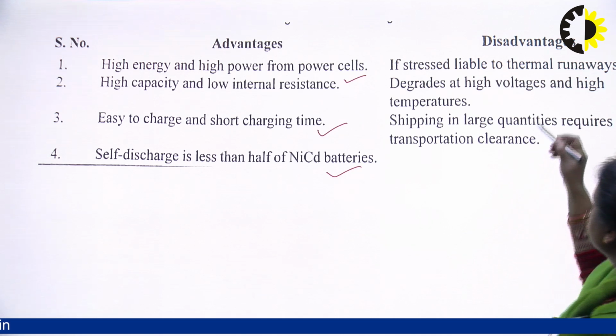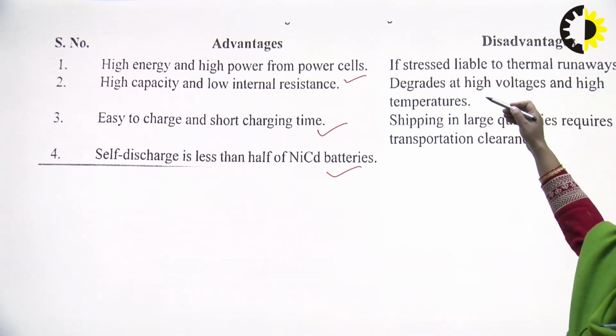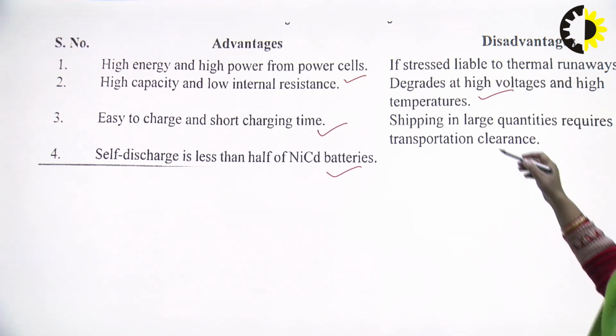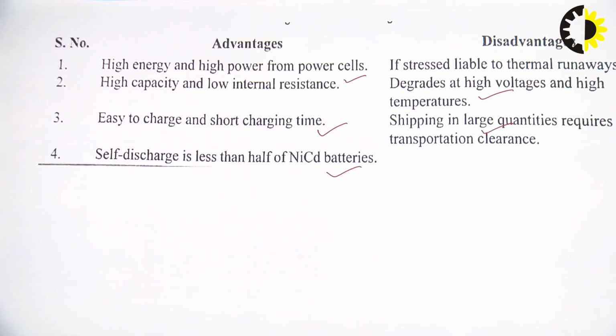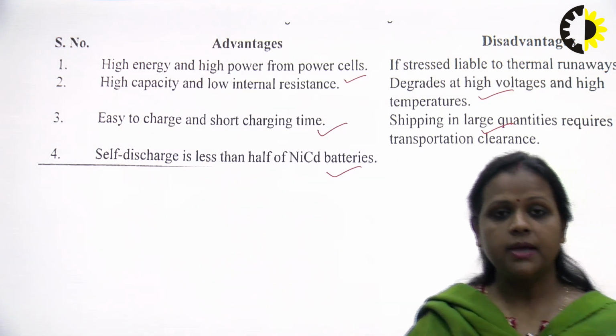The disadvantages: if stressed, level 2 thermal runaway, and there is so much in the news you can hear about the blast of batteries or batteries catching fire. Then it degrades at high voltages and high temperature. Shipping in large quantities requires transportation clearance. So these are the disadvantages of lithium ion batteries.